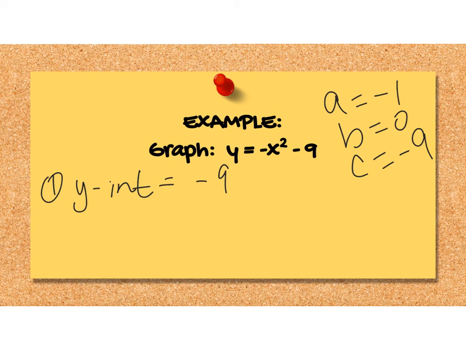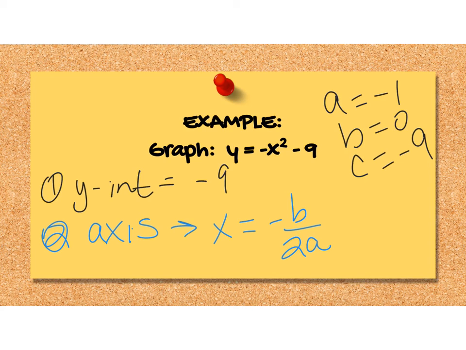Let's find the axis of symmetry. So x, arrow rather. Oh my goodness, that's a mess. So sorry. X equals opposite b over 2a.